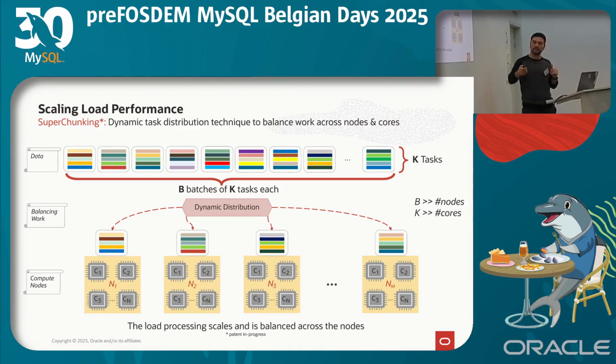Each server takes a task from this distributed task queue and does the transformation on that data. If the data is CSV, we parse it, convert it into MySQL HeatWave data types, create a columnar format out of it, compress it, and store it back into the object store. That is the task of each worker.